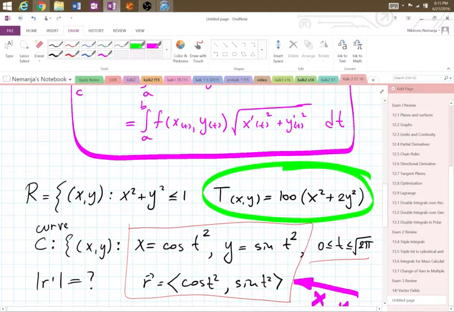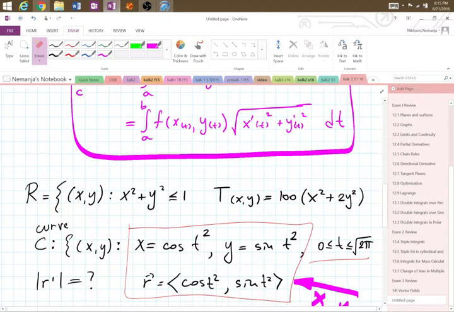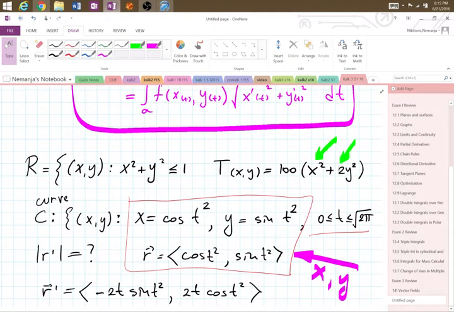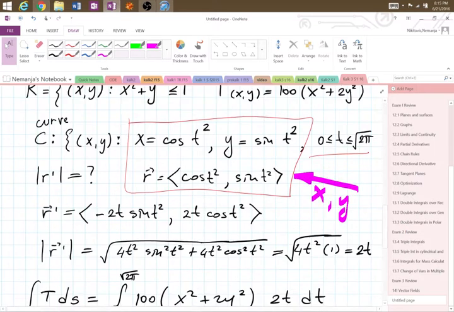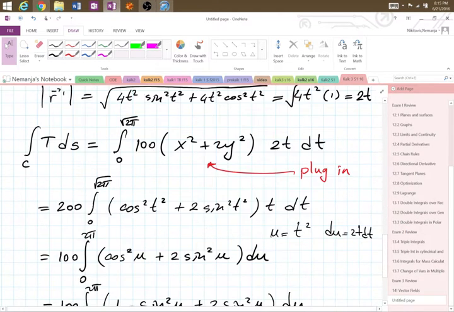in terms of t. So we have to make it in terms of t by simply replacing x and y that are given in our parametrization in terms of t's. So now I computed the r prime and everything is ready to be plugged in.